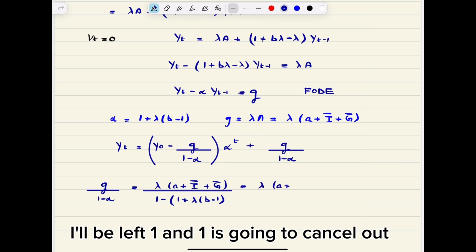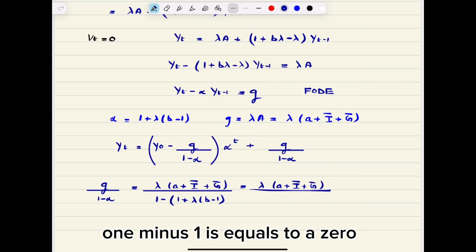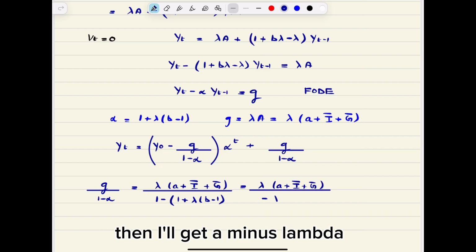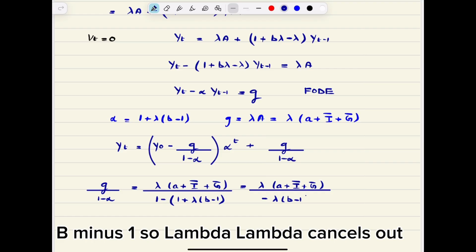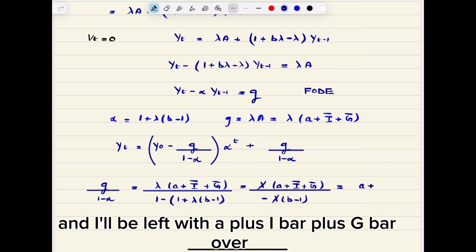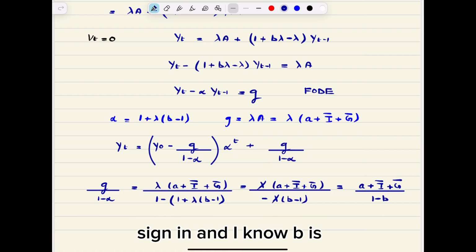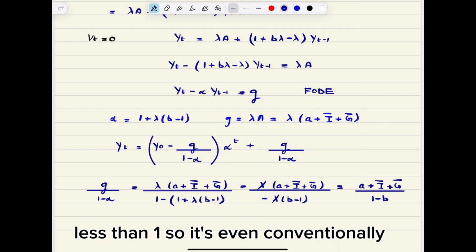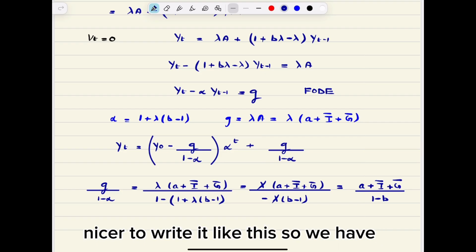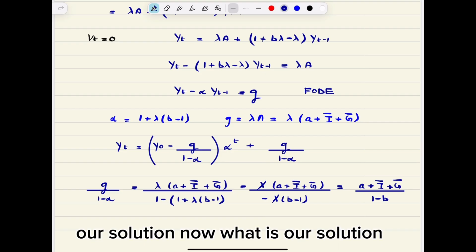I'll be left with 1 and 1 is going to cancel out; 1 minus 1 equals 0. Then I'll get a minus lambda b minus 1. So lambda cancels out, and I'll be left with a plus I bar plus G bar over 1 minus b, because I multiplied the negative sign in, and I know b is less than 1, so it's conventionally nicer to write it like this. So we have our solution now.